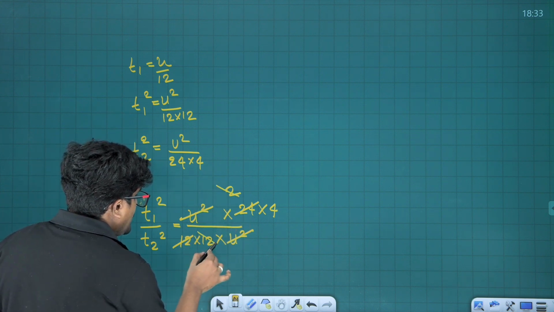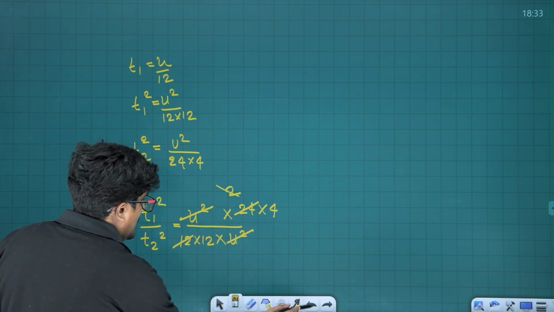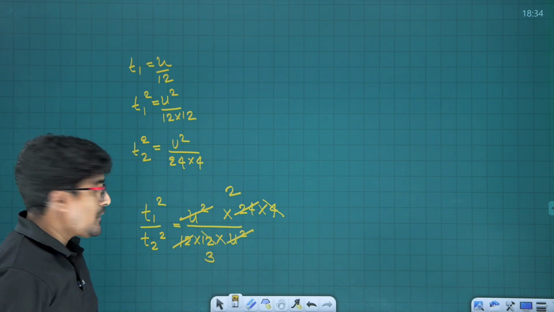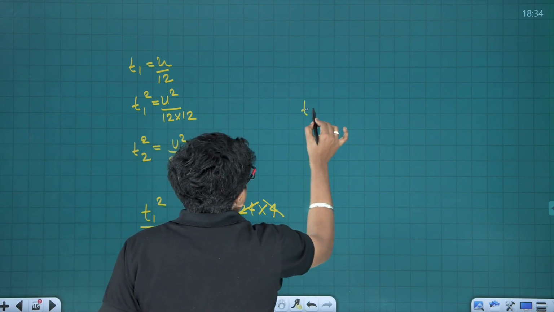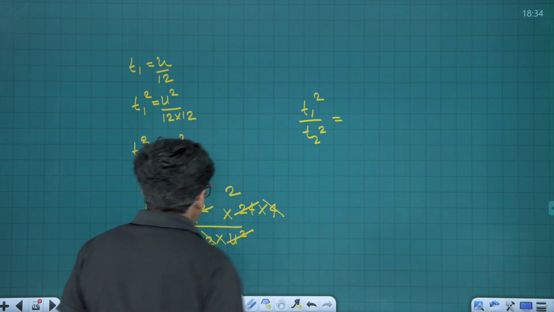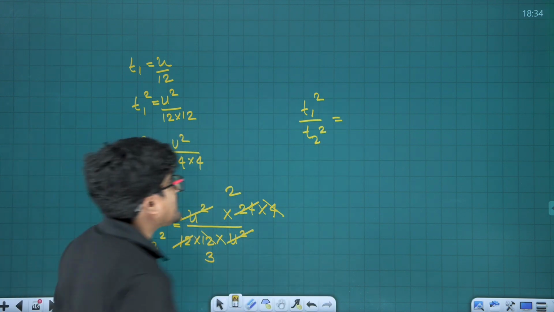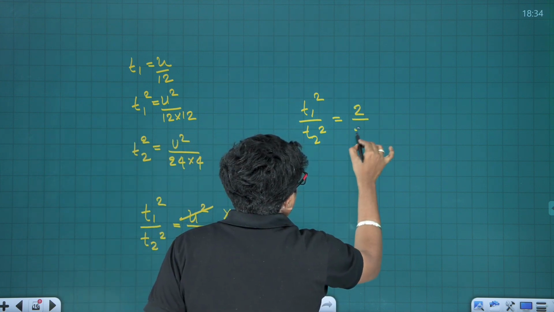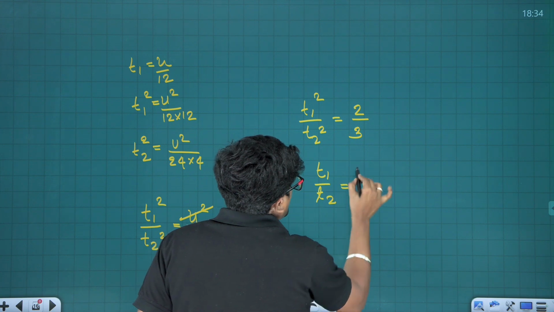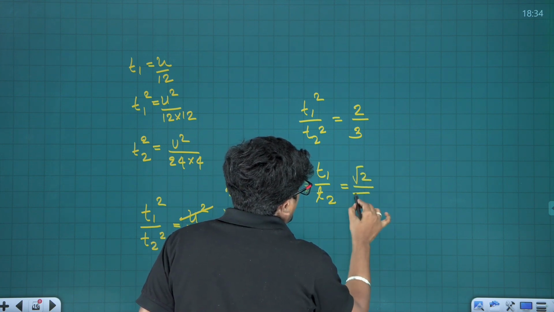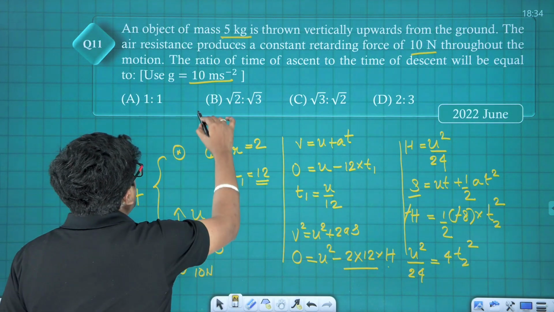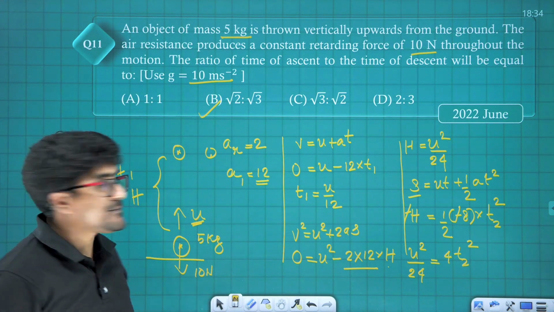Again, let me cancel this and this, it will leave 3 here. So t1 square divided by t2 square is now equal to what? 2 by 3. Or t1 upon t2 is going to be root of 2 by root of 3. So if I check the options, option B must be the correct answer in this case.